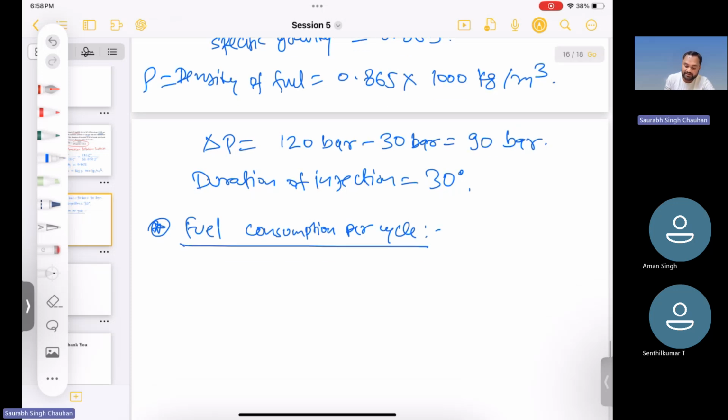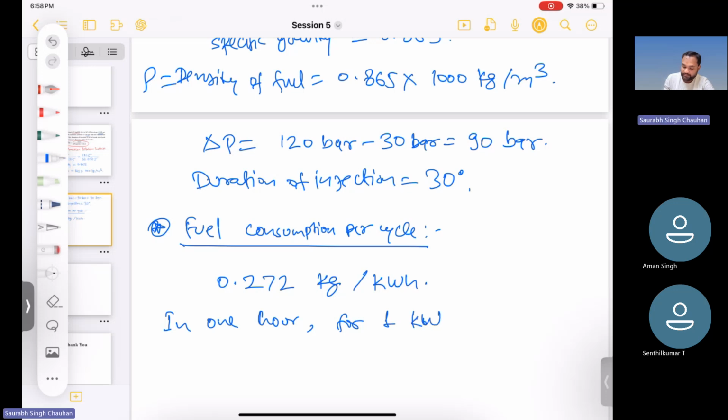See, what is given? It is given that it is 0.272 kilogram per kilowatt hour. So in 1 hour, for 1 kilowatt, it is consuming 0.272 kilogram of the fuel.